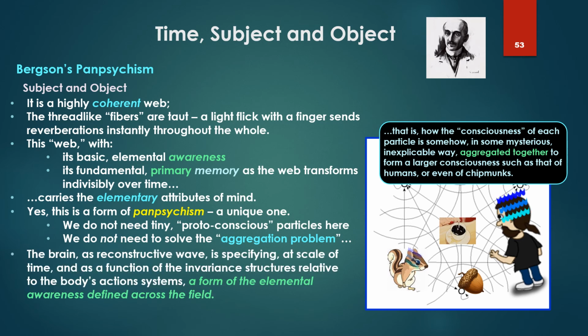The brain, as a reconstructive wave, is specifying a scale of time on this holographic field as a function of the invariant structures relative to the body's action systems, a form, that is, of the elemental awareness defined across the field.